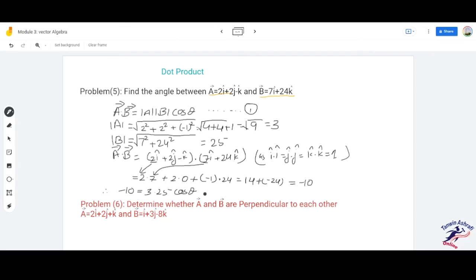That means cos of theta is equal to minus 10 divided by 3 into 25, which leads us to minus 2 by 10, no, not 10, 15, minus 2 by 15.